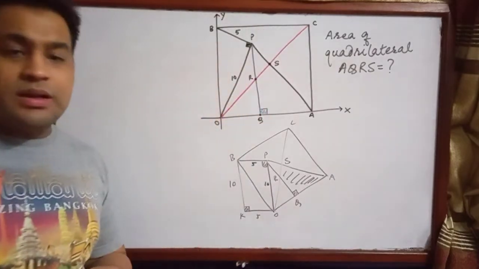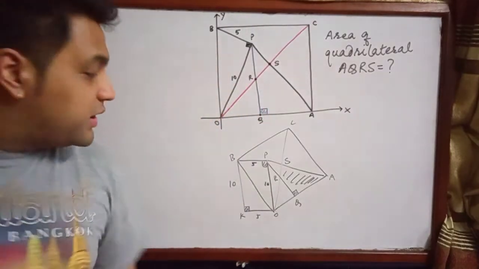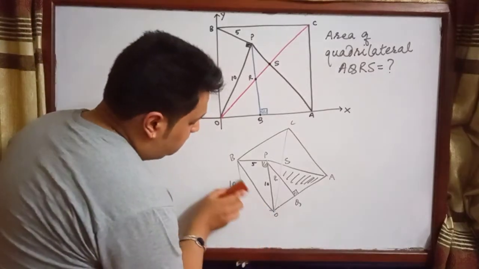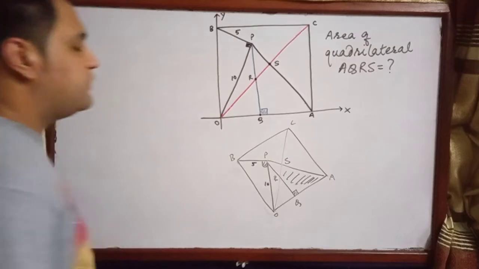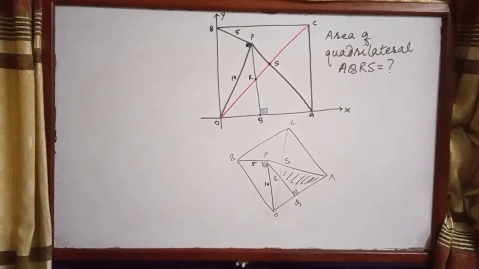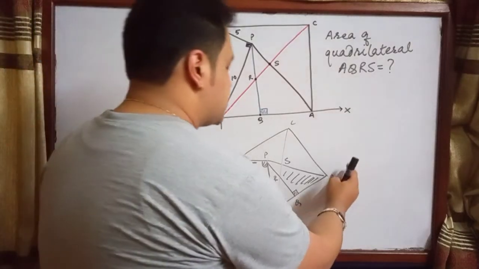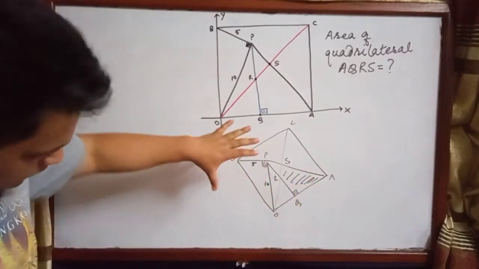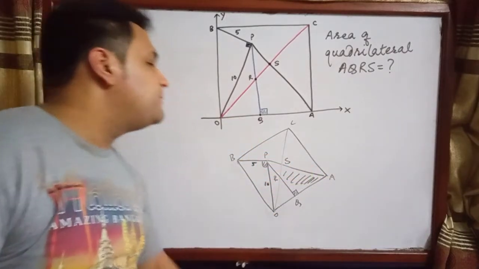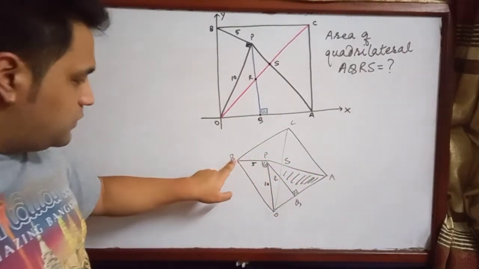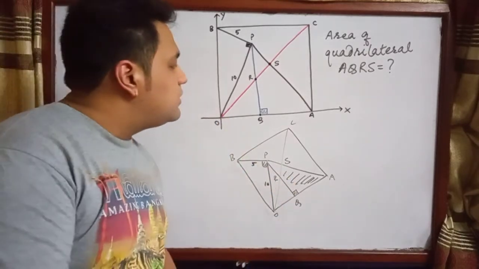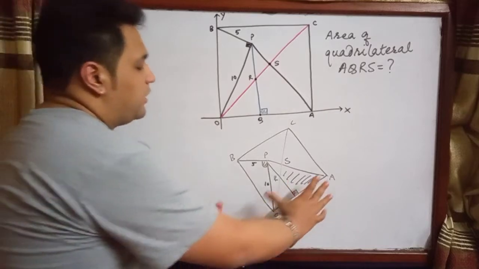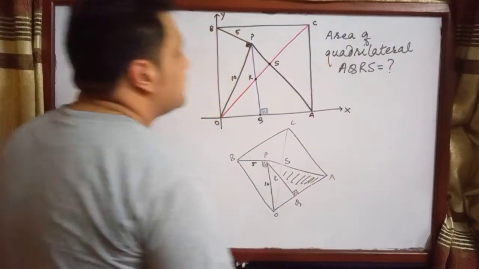So now I will get rid of this part of the diagram, and I'm going to work with this square with whatever is inside it. For doing that, I'm going to reposition this square like this.